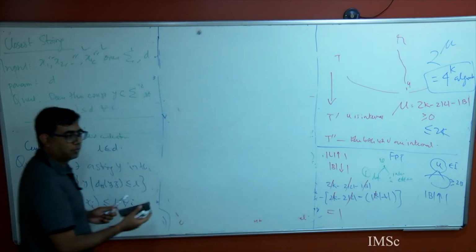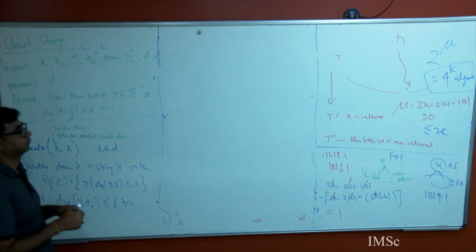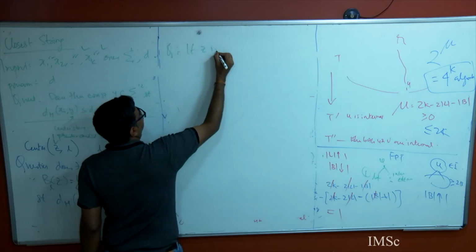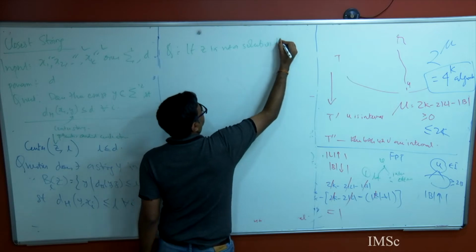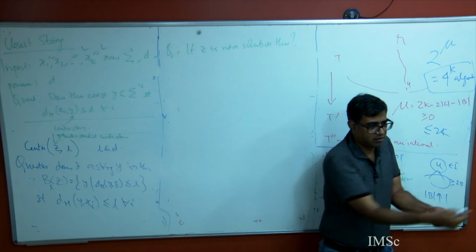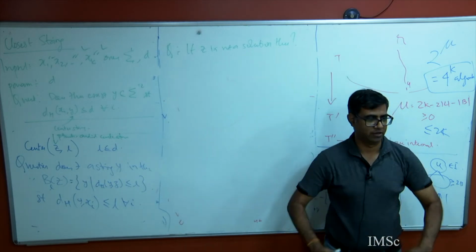Okay, now please give me a solution to this problem. It is easy. Please ask a question. If Z is not a solution, then what? Like if I just check, is Z close to all xi? If it is, then I just output Z, right?